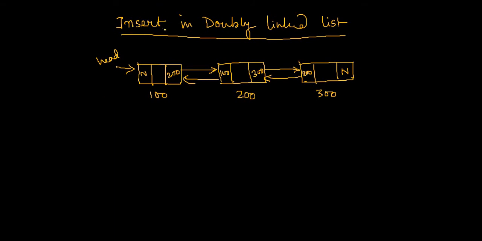So this is the situation, and what you have to do now is insert. In the case of inserting a node in a singly linked list, we have seen that checking whether to insert at the beginning or at another position is sufficient. So if the position is equal to 1, or the position variable can have some value p, maybe 2, maybe 3, maybe 4, and you can easily check whether the position is correct or not.